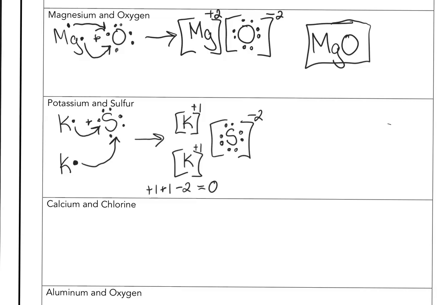If you find it doesn't equal 0, something went wrong. All right, so then my final formula, because I have 2 potassiums, I give it a subscript of 2, K2S.